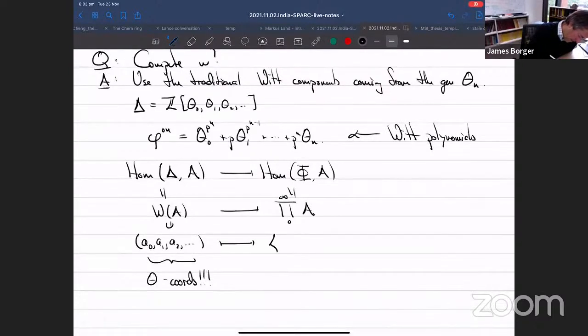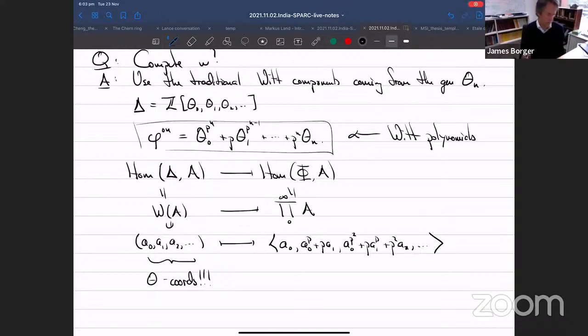I like to write it with angle brackets on the ghost component side. So the first one is just A0. The next one is A0 to the P plus PA1. The next one is A0 to the P squared plus PA1 to the P plus P squared A2, and so on. So this is exactly the map induced by those equations.